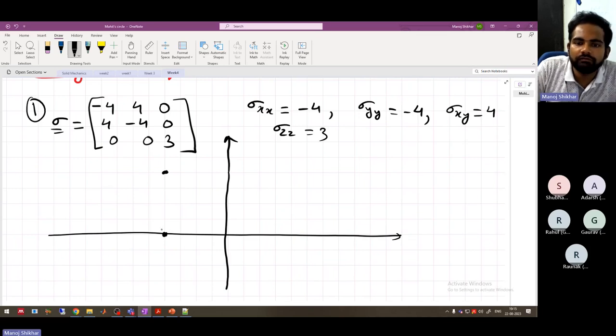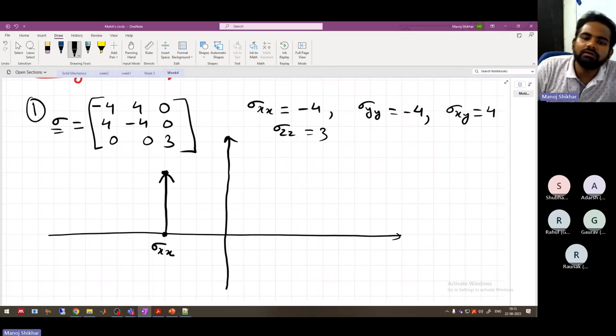So what did we do? We plotted sigma xx here and we wrote tau xy. That is minus 4 comma 4. This is our radius.